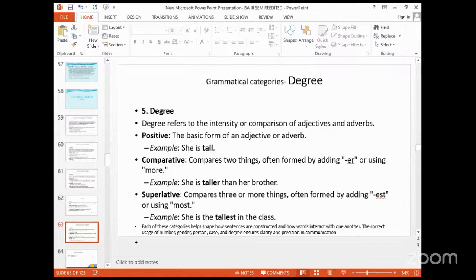More is used to show the comparison between any two things, right? So she is taller than her brother. Er has been added to it. So for a mono or disyllable, you can go along with the addition of er or ier and so on. But if it's more than a three-syllable word, then mostly we take up more. The superlative compares three or more things, often formed by adding est or using most. Example, she is the tallest in the class.